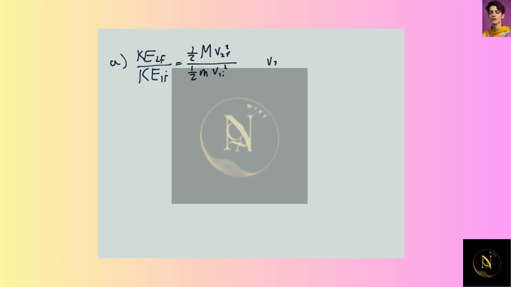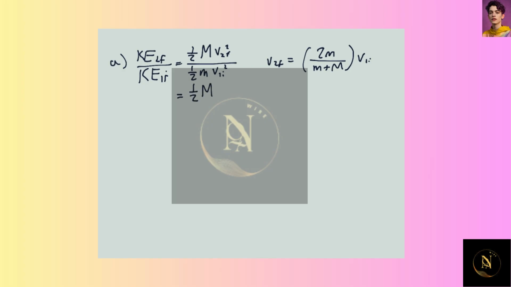We know that V2F is equal to 2m over the masses of the atoms added together multiplied by the initial speed of the other object. So we can just replace that into the equation that we already have built.